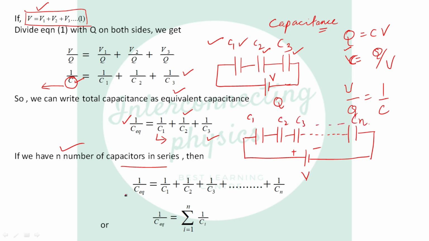So we write this equation as 1 over C equivalent equals 1 over C1 plus 1 over C2 plus 1 over C3 plus so on up to 1 over Cn, and in summation form, the limit of summation from i equals 1 to n, 1 over Ci. Sorry, this is the relationship for the capacitance of capacitors in series combination.